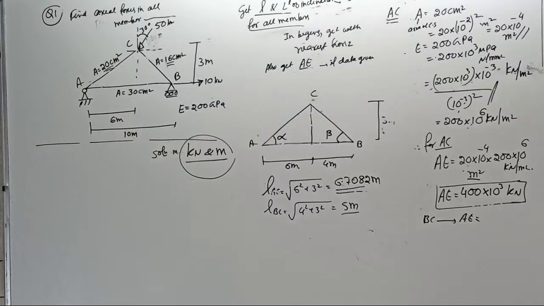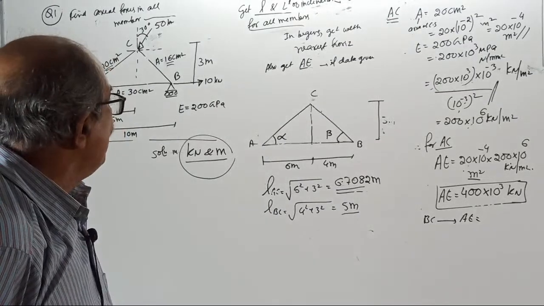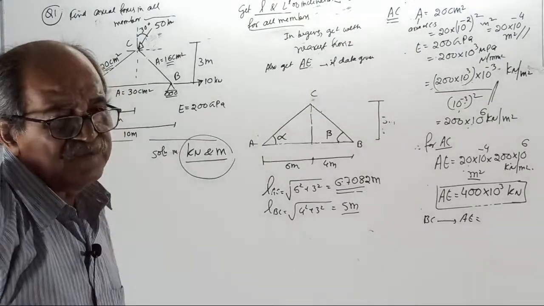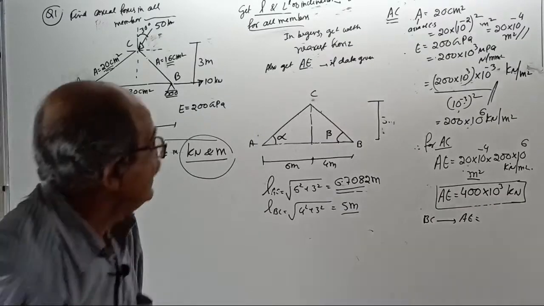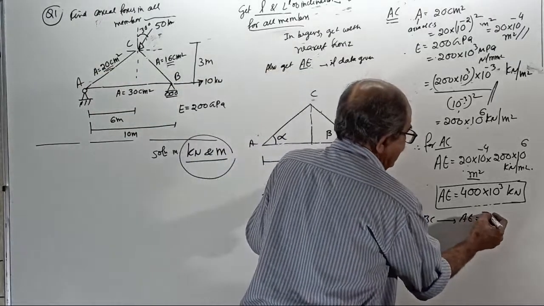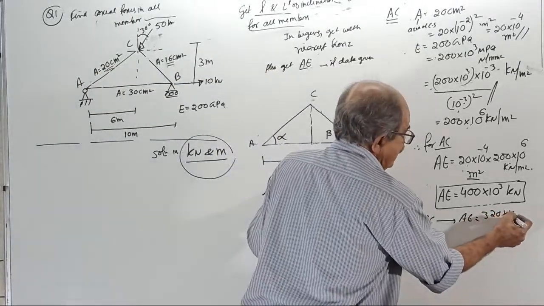Simple mathematics. It will simply change over to 320. 320 into 10 to the power 3 kilonewton.